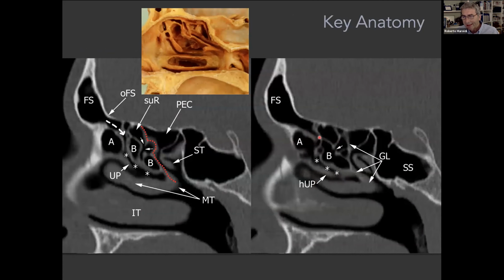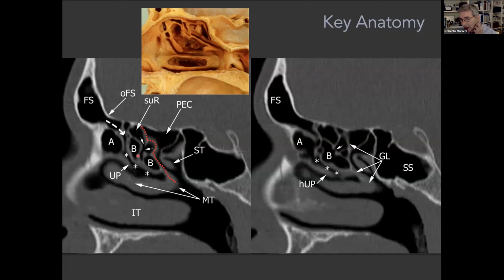The separation between the two structures can be identified in the axial plane, but also in the coronal plane. It is realized by the ground lamella, the lamella that attaches to the lateral wall of the nasal cavity, separating the posterior from the anterior complex.